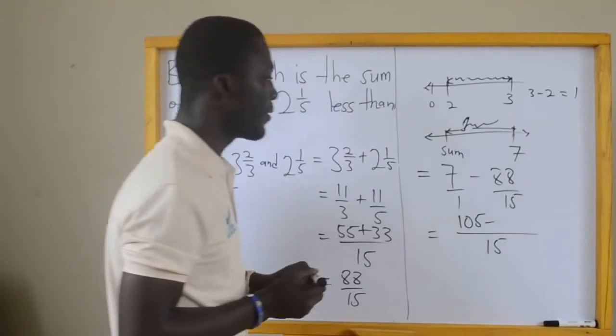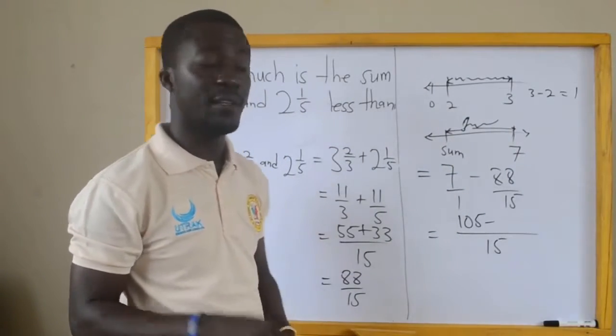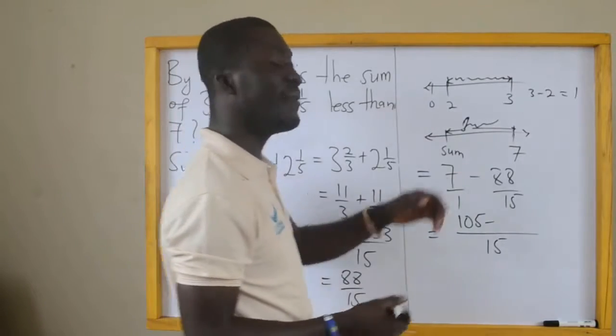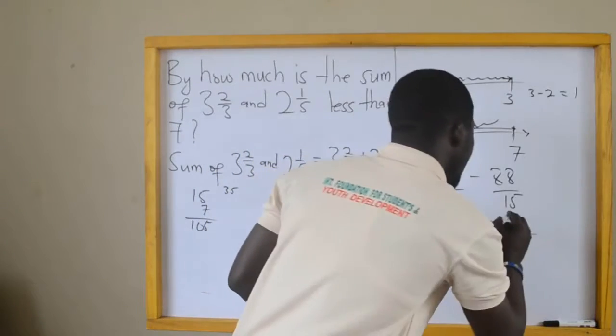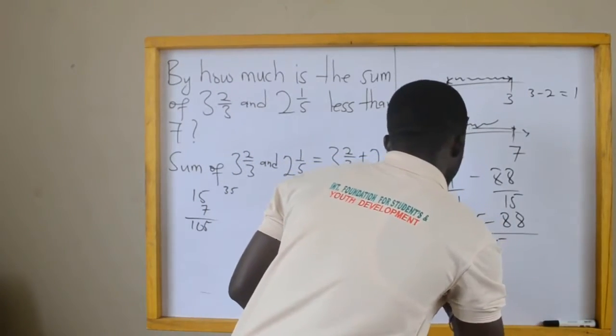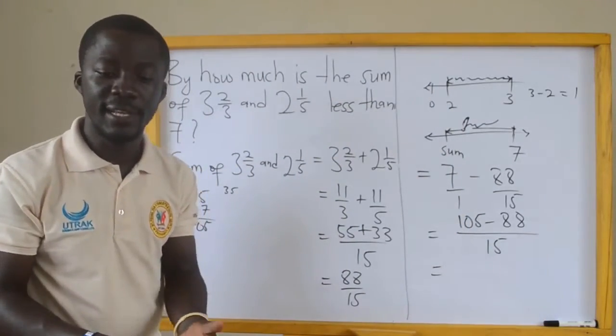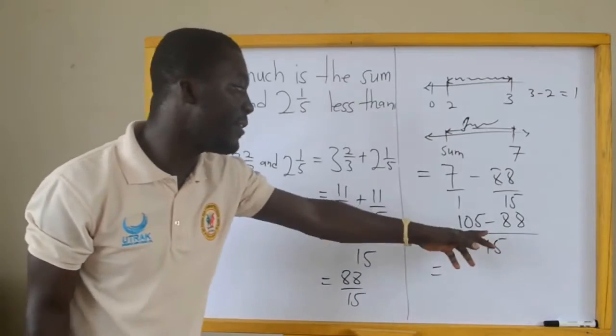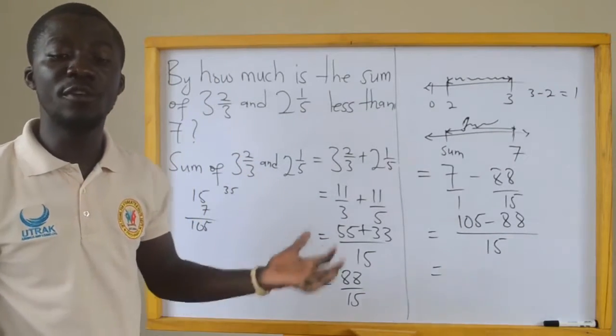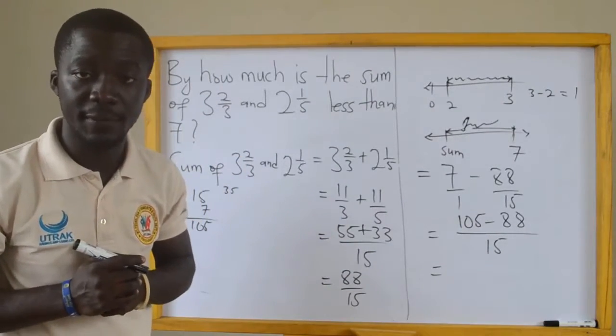105 minus, 15 goes into 15 once, so 1 times 88 is 88. Now we have 105 minus 88, and when you subtract 88 from 105, we are going to get 17.